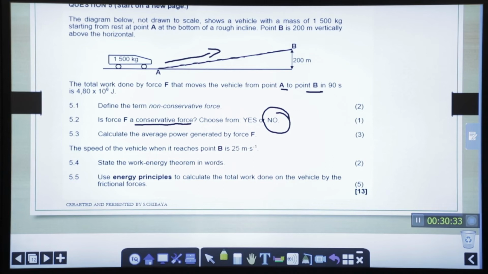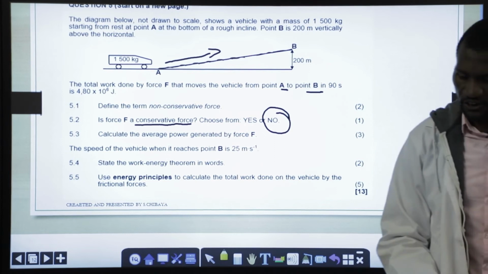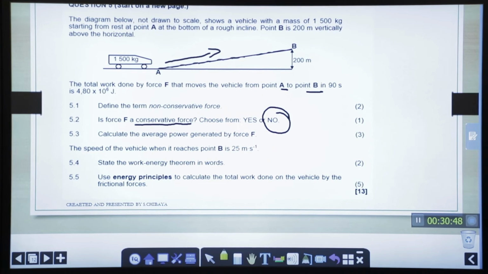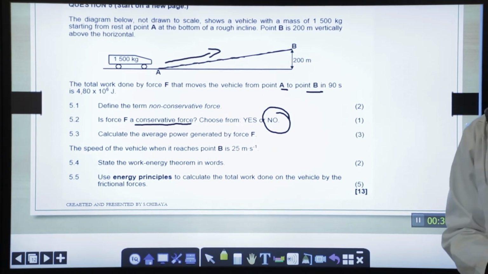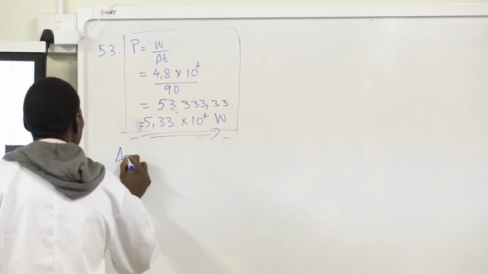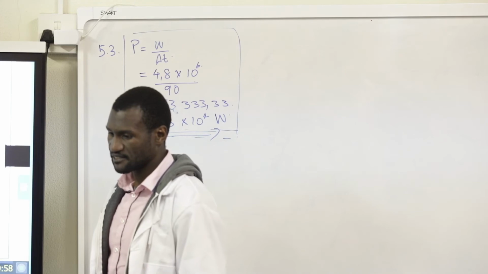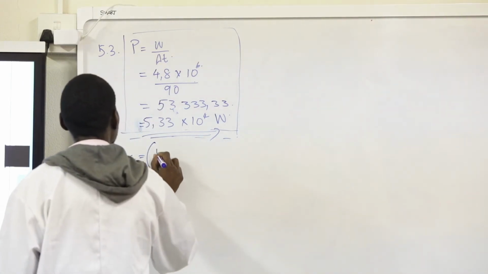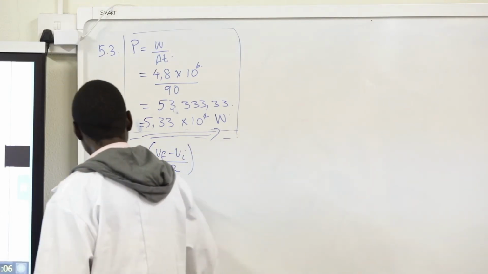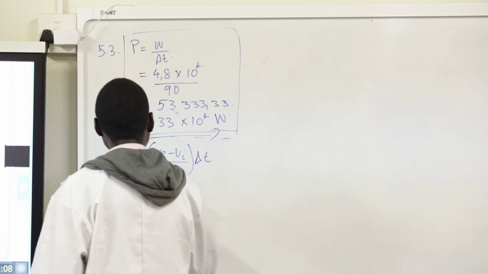Let's say for some reason you don't remember, or you don't want to use P is equal to W over T, and you want to use another way of calculating power. It will be a longer route, but it can help us revise certain concepts. You can go by finding the value of delta X first, which is V final plus V initial over 2 multiplied by change in T. We have used this equation before.